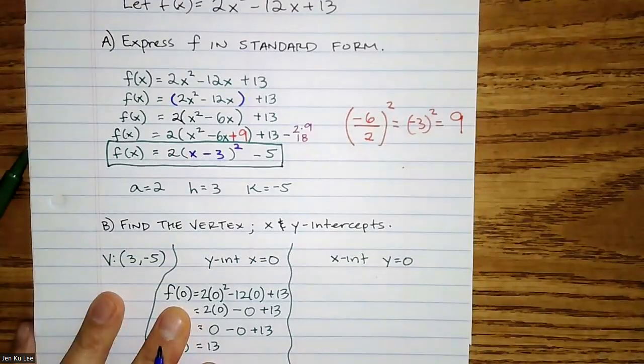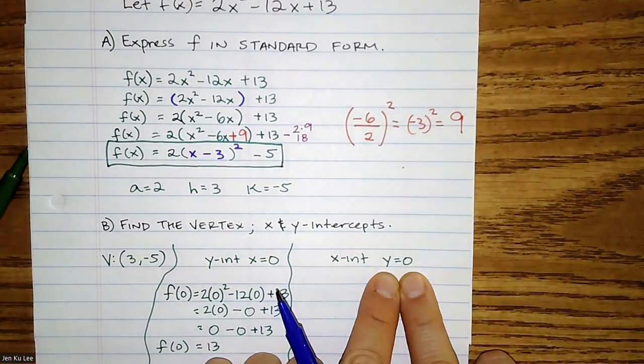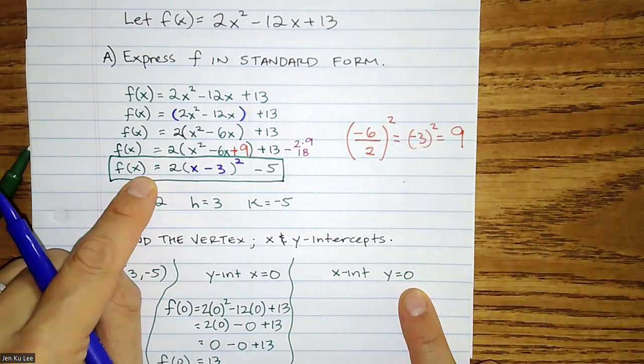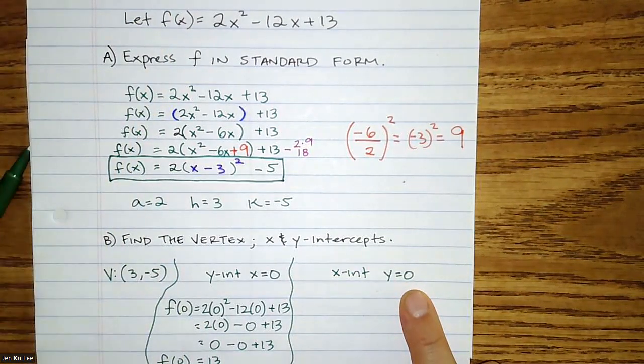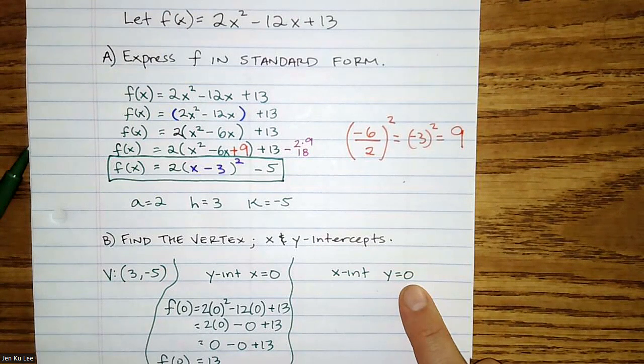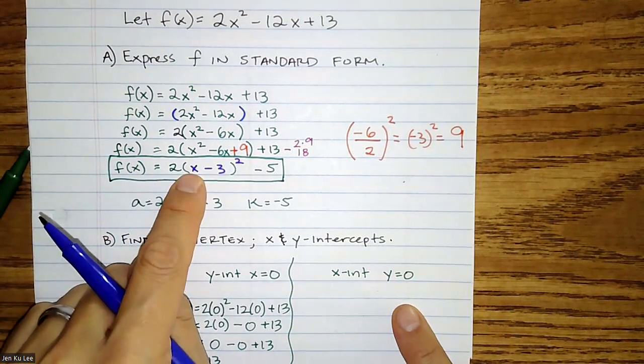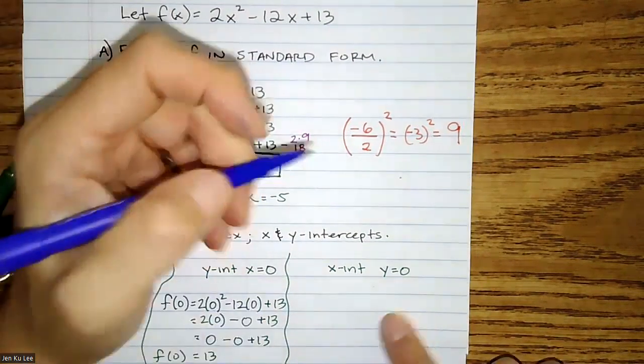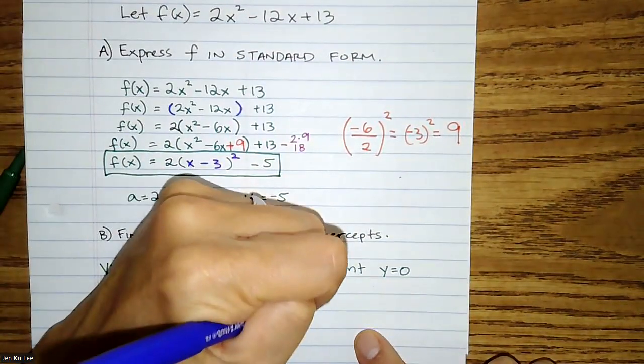So that's why algebraically I make y equal to 0, and then I solve. You can use either this one or this one, it doesn't matter. I'm going to use this one here. Actually, I'll show you both.